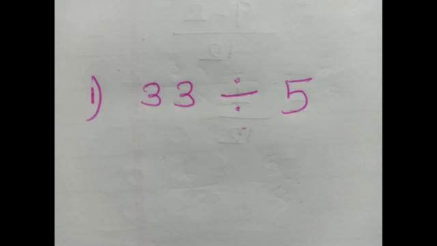So we have to find out such a number which is coming in 5's table and it is less than 33, because 33 is not divisible by 5. Okay, so you have to find out such a number which is coming in 5's table and which is less than 33. Okay, we have to find out that number and you have to do the division.